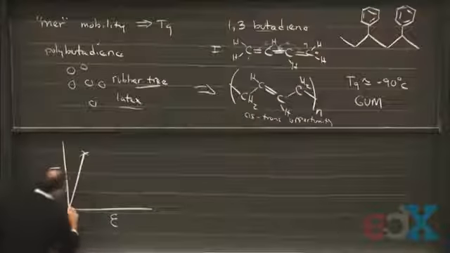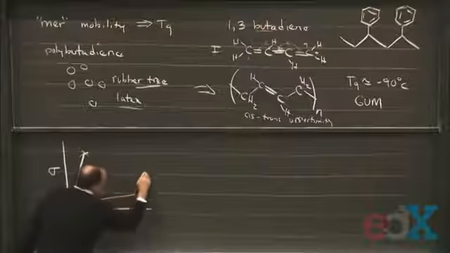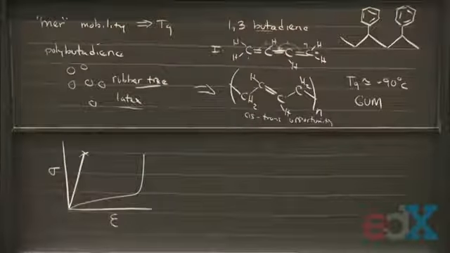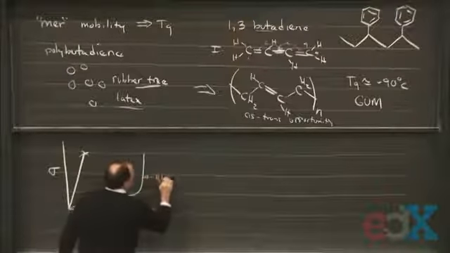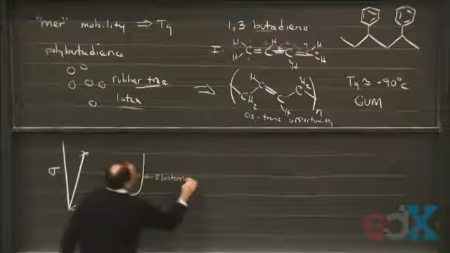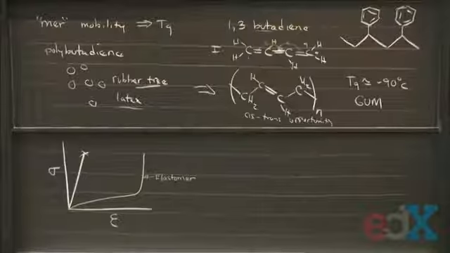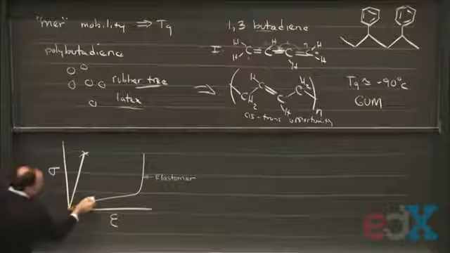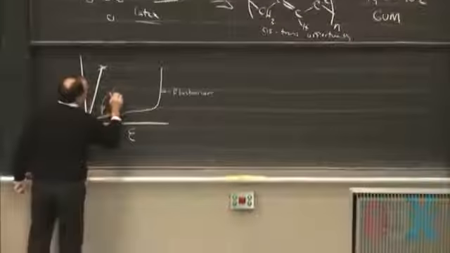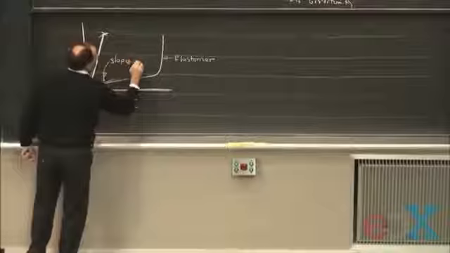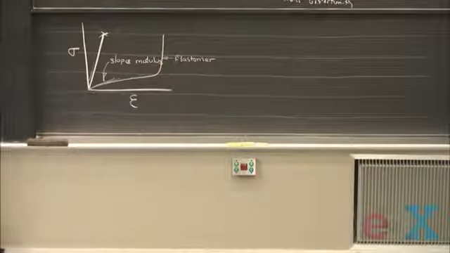Well, what the gum does is it kind of does this. And then, like that. This is called an elastomer. We're above the TG. And so the first thing you notice is that the slope here is a lot less than that. And the slope is the modulus. Right.